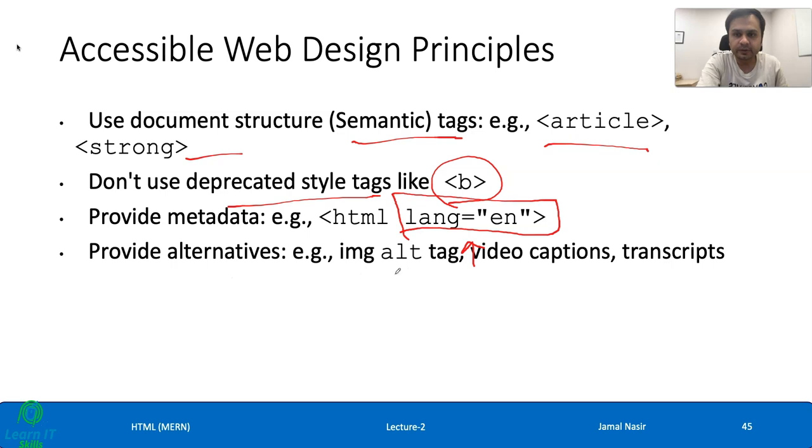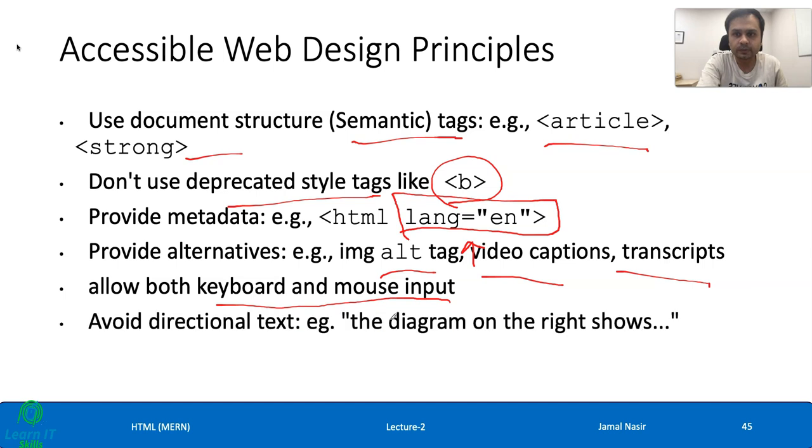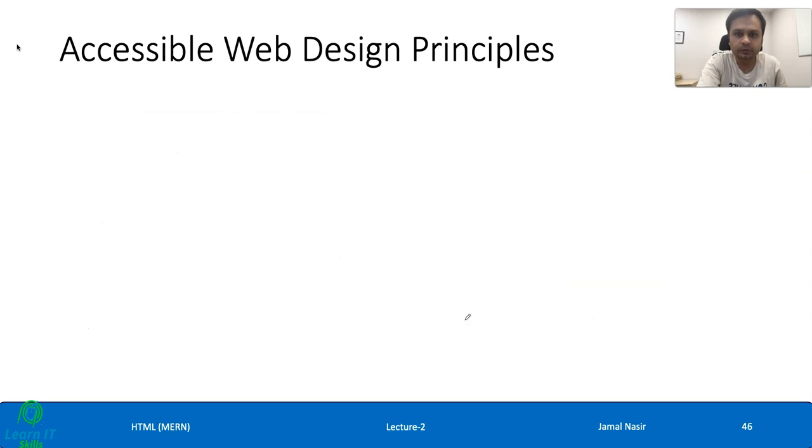Provide alternatives. So alt tag is there, video captions, transcripts, right? Allow both keyboard and mouse input. Okay, so this is good. Avoid directional text. For example, "the diagram on the right shows." Okay, so this sort of thing is not good.